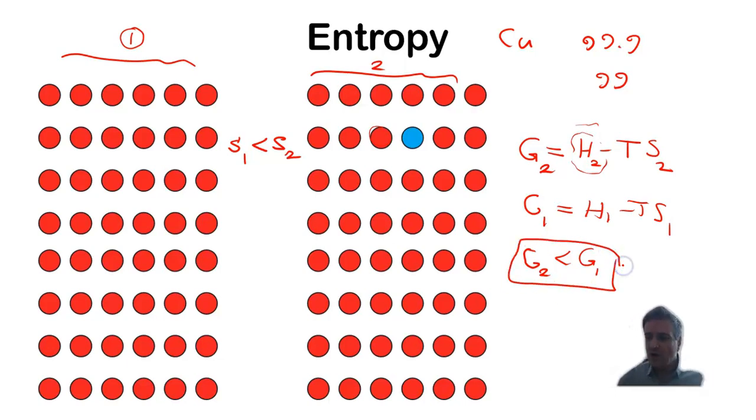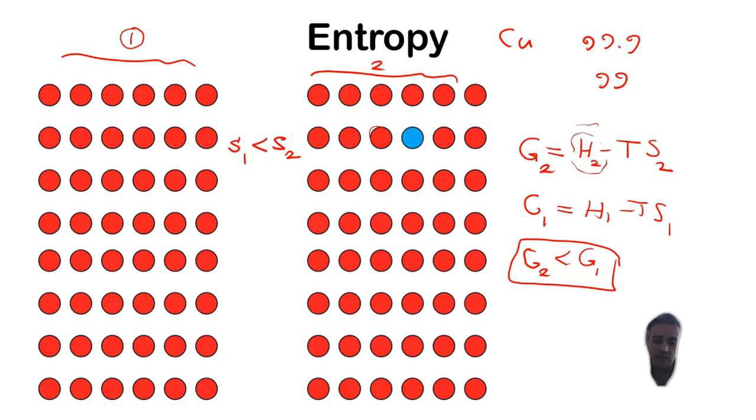So when you have metals with some impurities, because of the role of this entropy, the value of its Gibbs free energy is lower than the pure metal. And that is why when you want to make a metal purer, you should spend some energy and you should pay more for that purer metal.